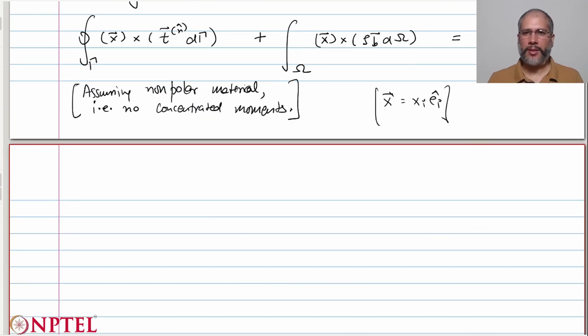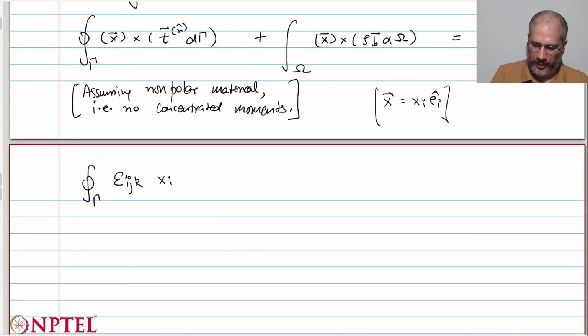So let's write this balance in the indicial notation now. So we have a cross product of two vectors. So this can be written as epsilon_ijk x_i, that's the first vector, t_j, that is the second vector, times d gamma. I'm not writing an e_k hat because we tend to use the abuse of notation.